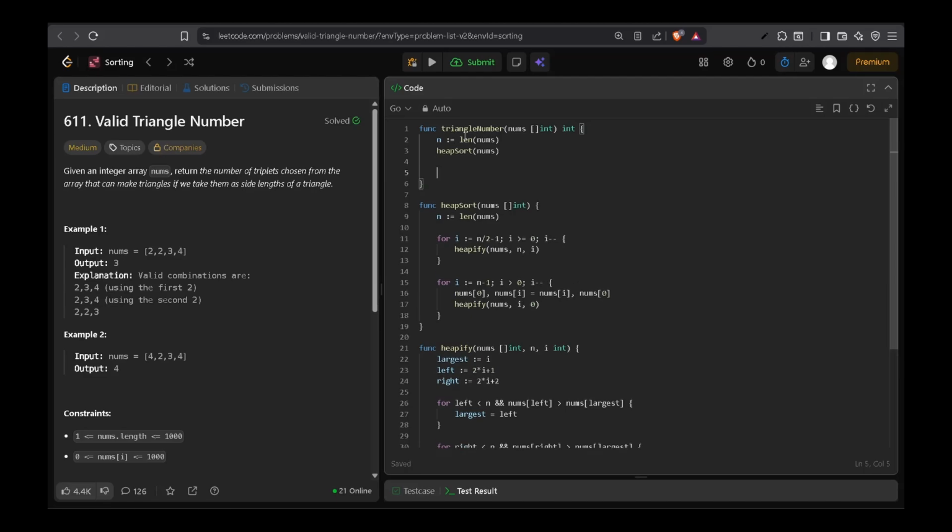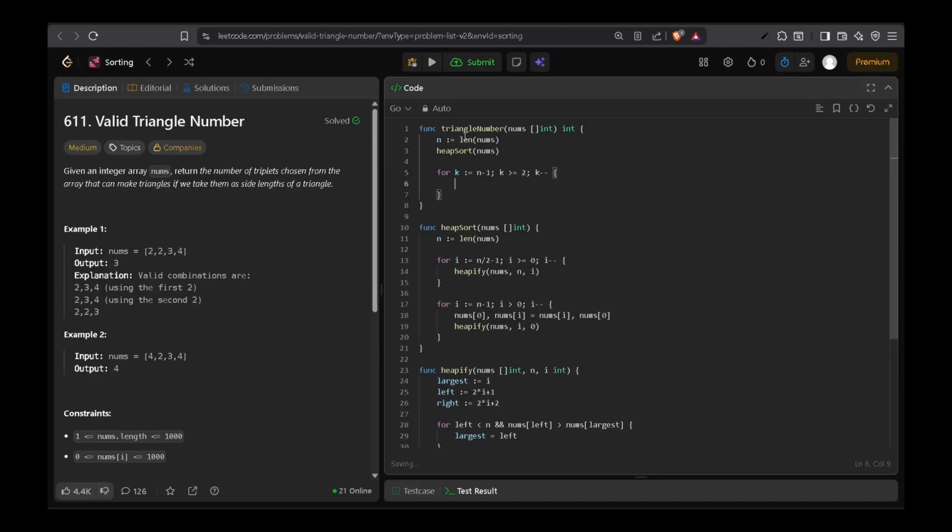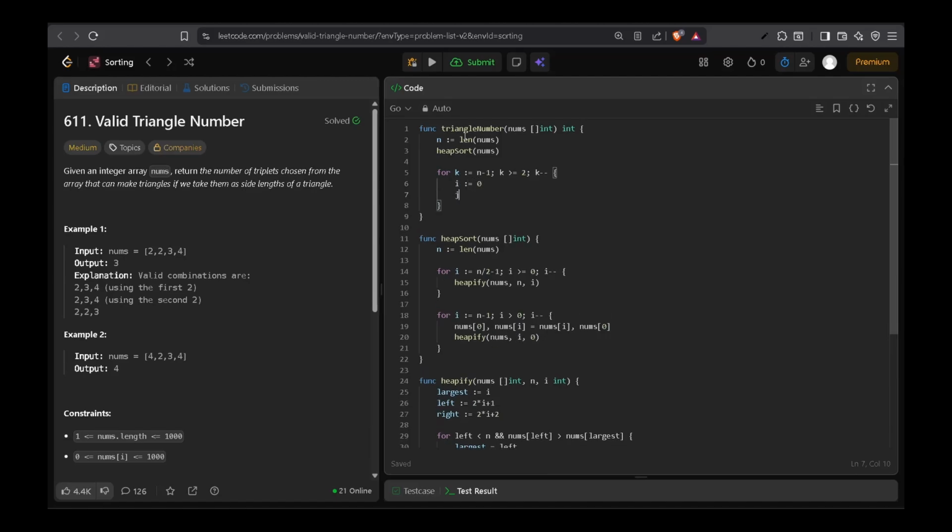Now we need to pick three sides, right? We need to choose three numbers so we can check if the triangle formed by those three numbers is valid or not. So let's write the logic for that and I'll explain it later. Okay, so we'll say for k equal to n minus 1, k greater than or equal to 2, and k minus minus, and this is the first number, and the other two numbers would be i equal to 0 and j equal to k minus 1.